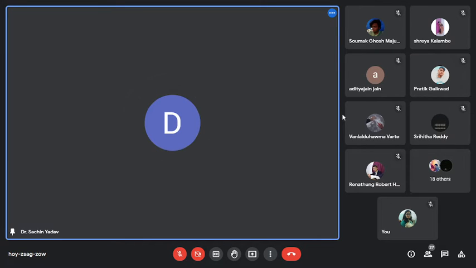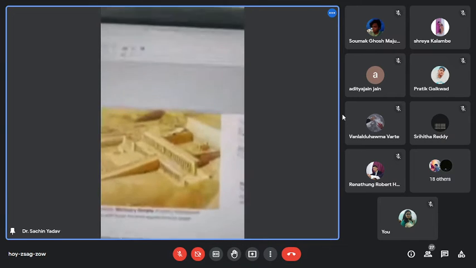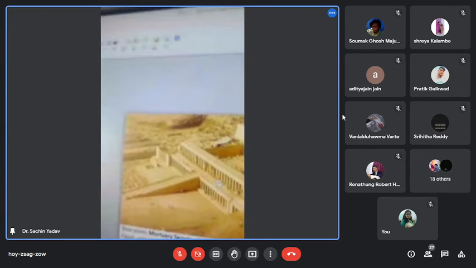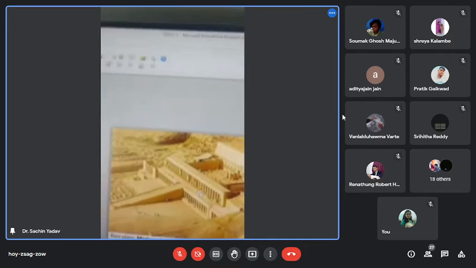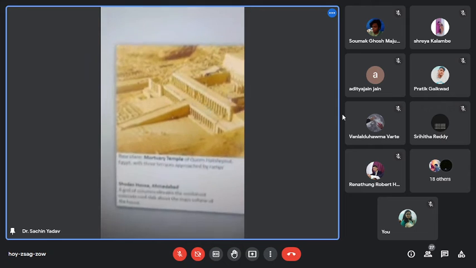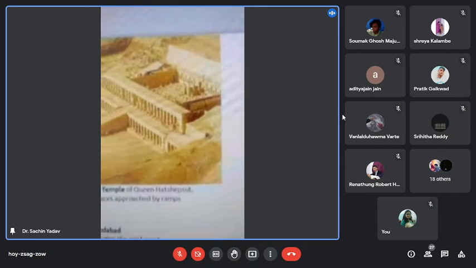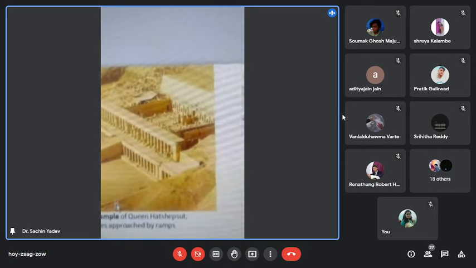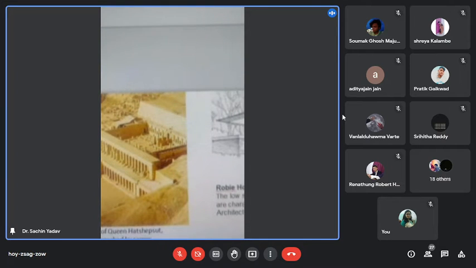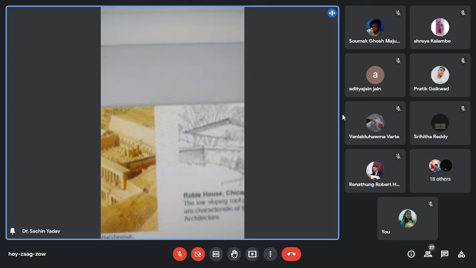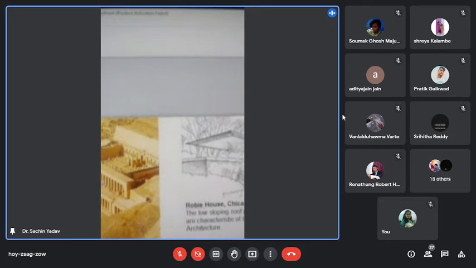Okay, so you just see this image. Wait one second. Yeah, in this image, there are different base planes, right? There is a base plane on the ground, and here is one ramp which is connected to another base plane at a different level.